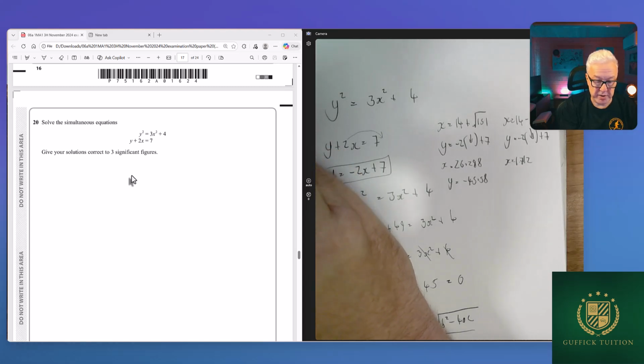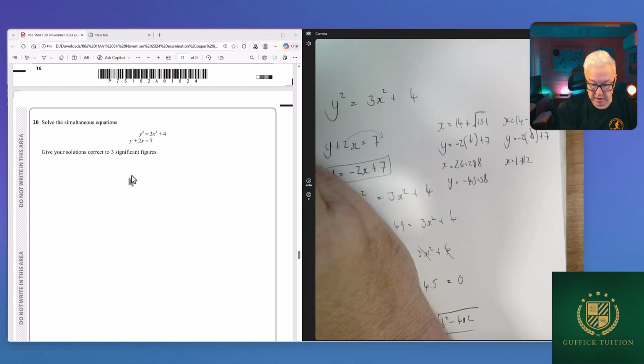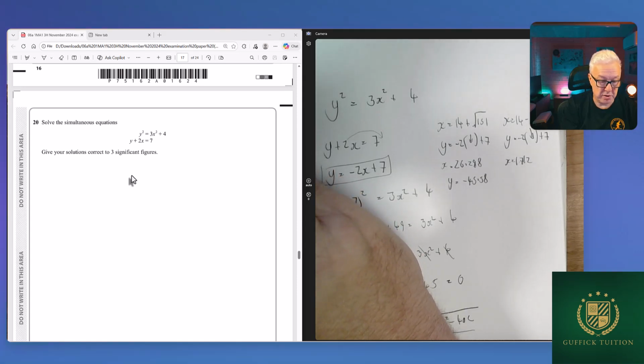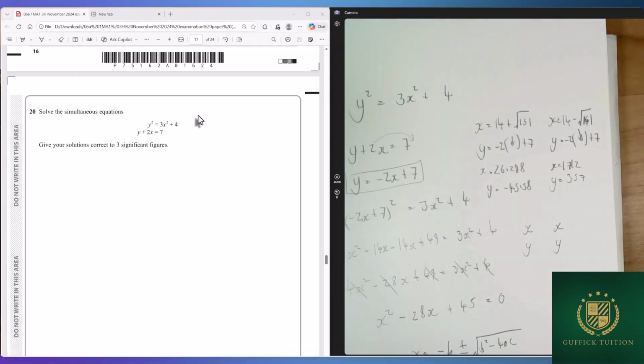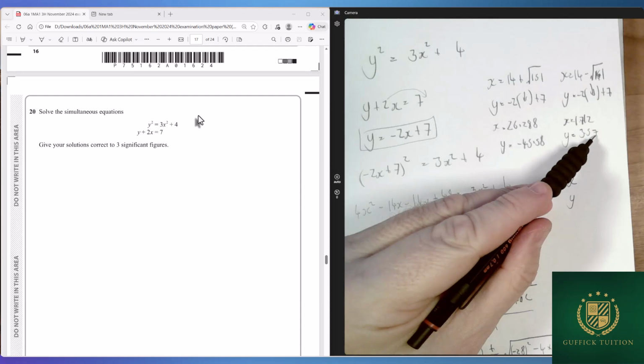So we're going to say that number times by 2, and then we're going to put a minus in front of it. So 1.712 times 2 is equal to, and we're going to put in a minus. Now that gives us a y value of 3.57.